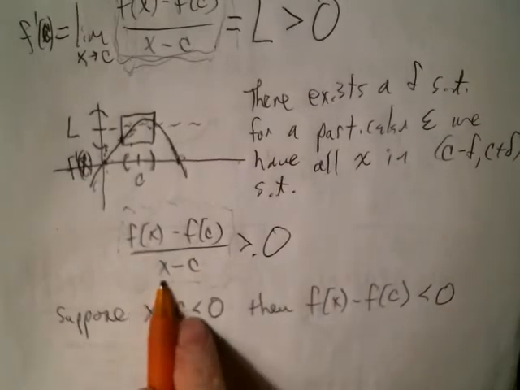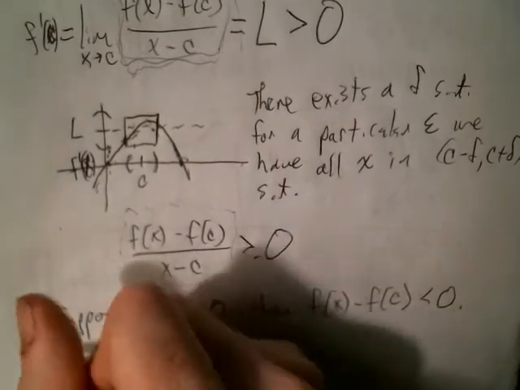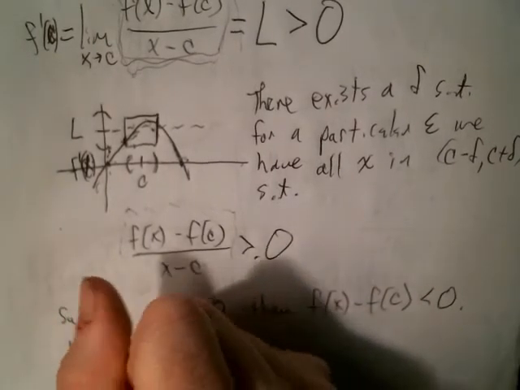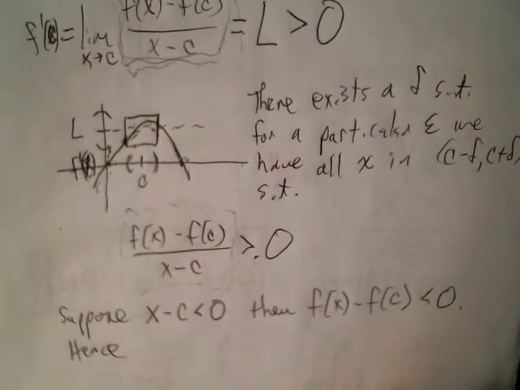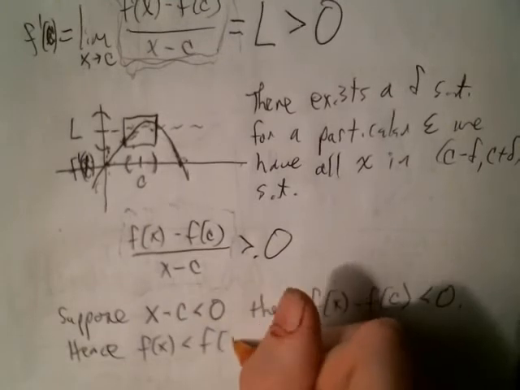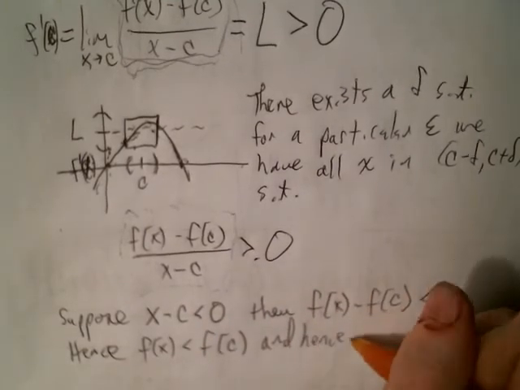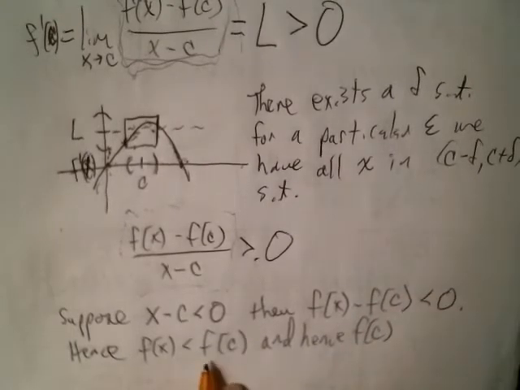A negative over a negative is positive. So in that case, if you just add f of c to the other side, f of x would be less than f of c, and hence f of c can't be a minimum.